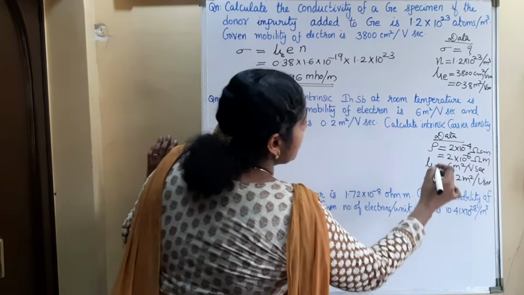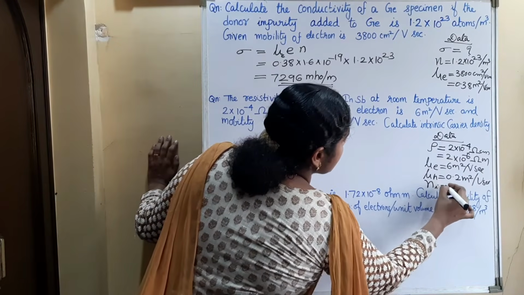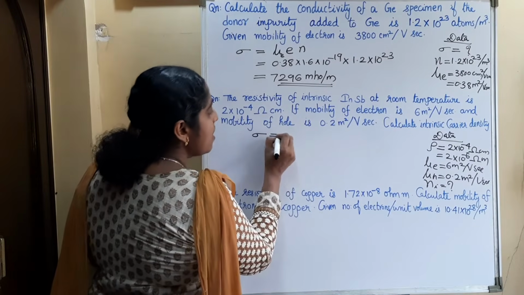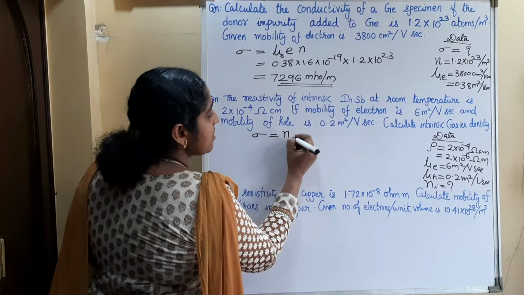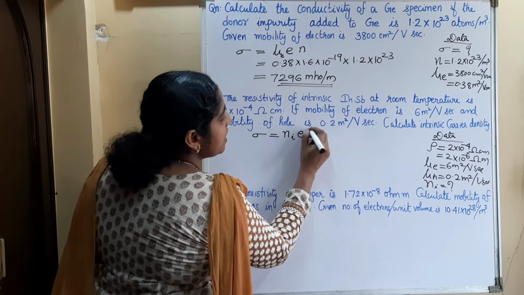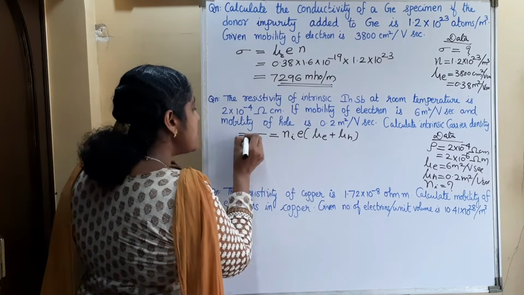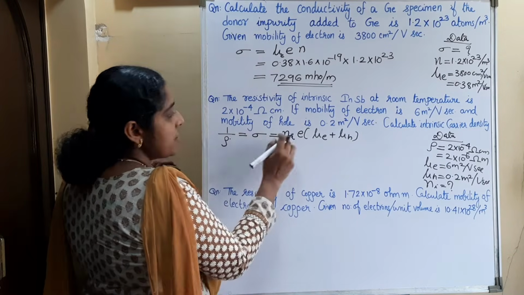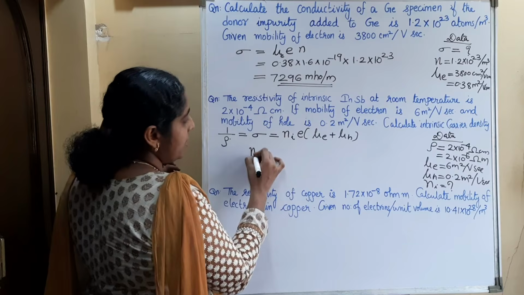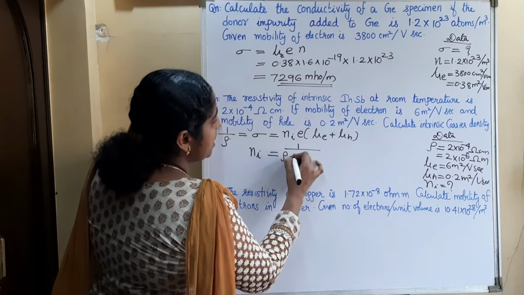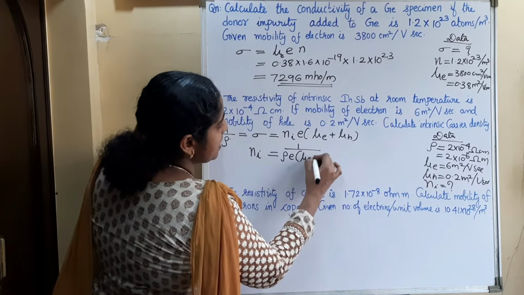So what we have to find out? Intrinsic carrier density. We can find out the intrinsic carrier density from the formula sigma. For intrinsic semiconductor, sigma is equal to N i e (mu E plus mu H). So this conductivity is the reciprocal of resistivity. So this carrier concentration N i is equal to 1 divided by rho into e (mu E plus mu H).